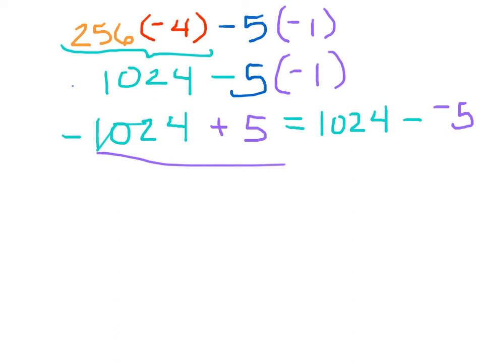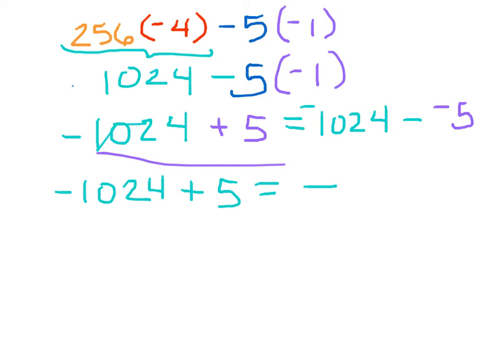Okay, so, oops, I did forget when I rewrote this, I did forget this guy's negative. All right, so the signs are different. I'm adding them. The absolute value of 1024 is greater than 5, so I know my answer is going to be negative, and now the signs are different, so I'm going to subtract their absolute values.